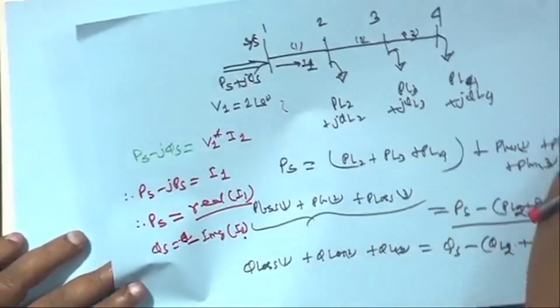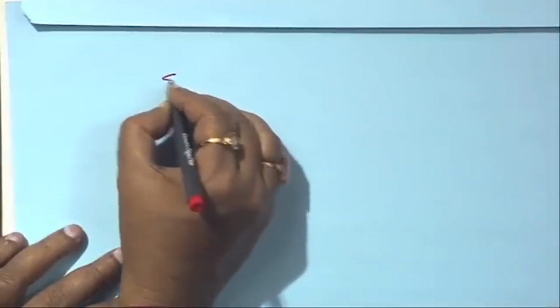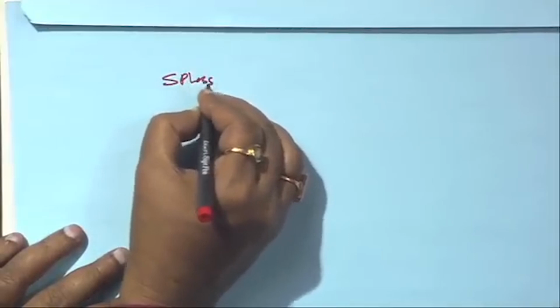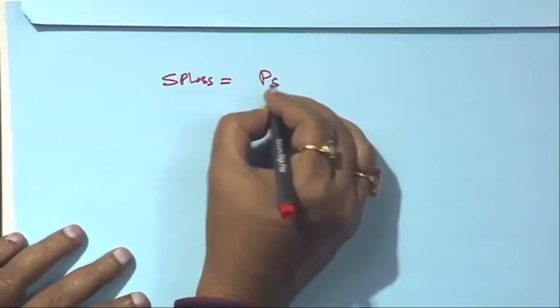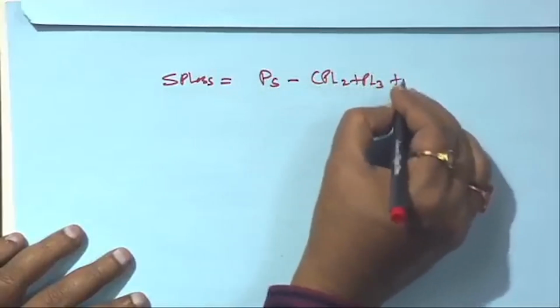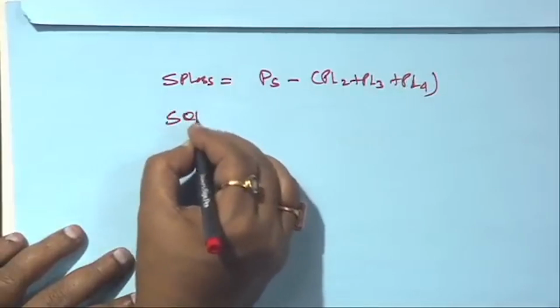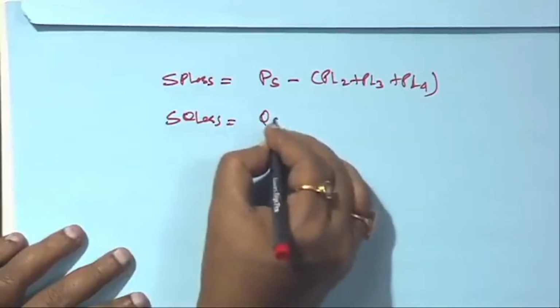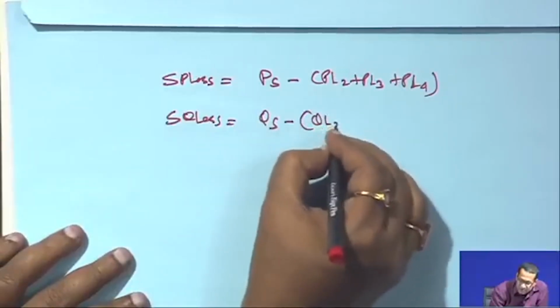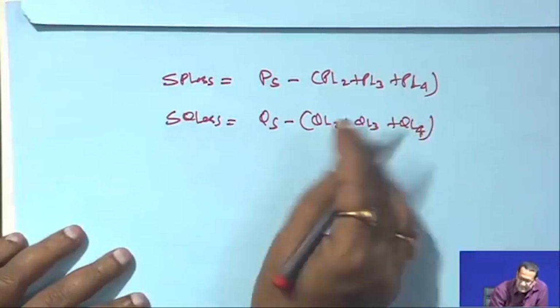Then what will be the loss? Your total P loss will be PS minus PL2 plus PL3 plus PL4. Similarly, the total Q loss will be QS minus QL2 plus QL3 plus QL4. This is a small network.